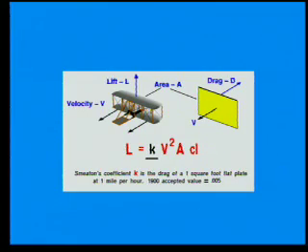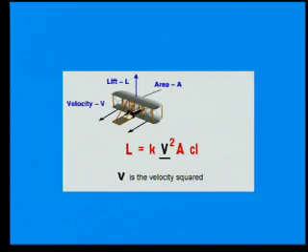It was developed in the late 1700s as a reference pressure value, equal to the drag on a 1 square foot plate moving at 1 mile an hour. The velocity V is the relative velocity of the air over the wings or the velocity of the wings through the air. Those are exactly the same thing.